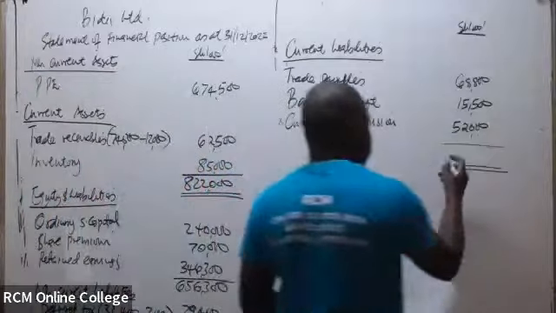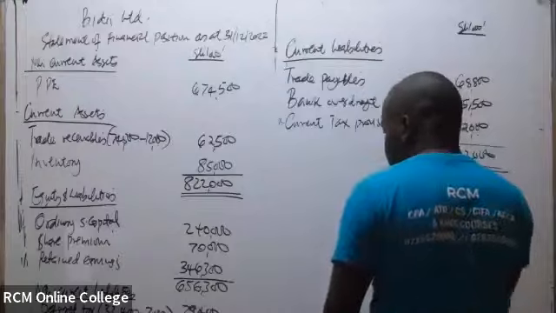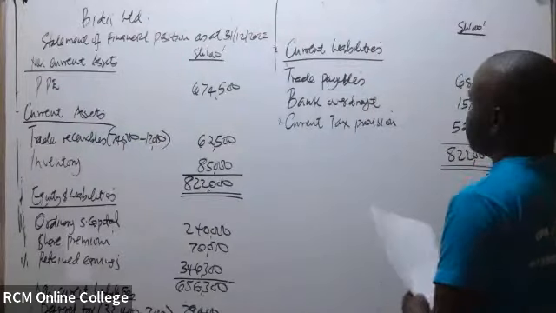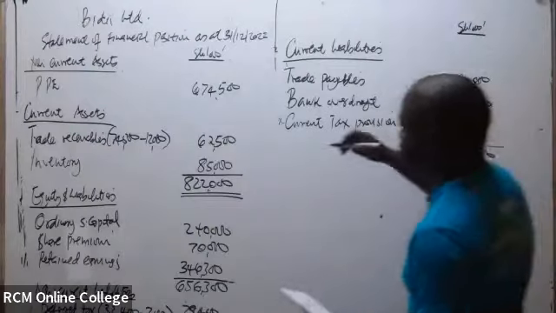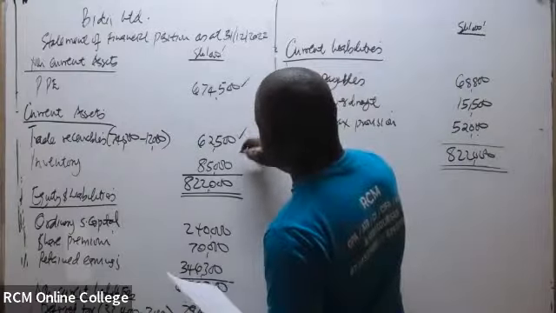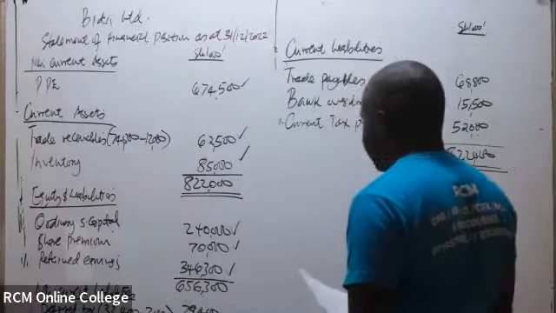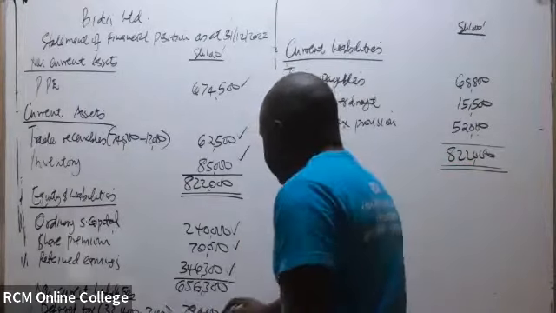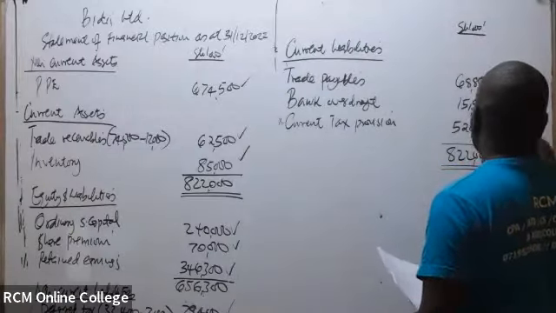So that particular statement of financial position, it was 10 marks. It means for each and every entry you make, you'll get 1 mark. Every correct entry you make, you get 1 mark. 1, 2, 3, 4, 5, 6, 7, 8, 9, 10. So you would have gotten 10 marks.